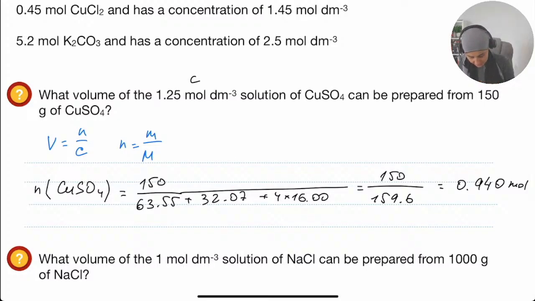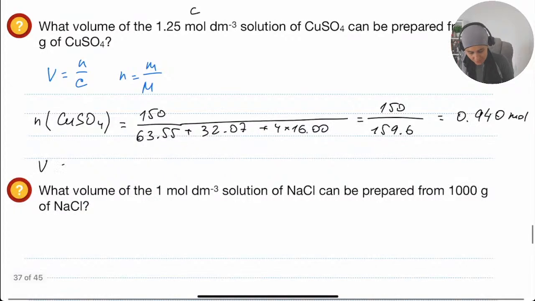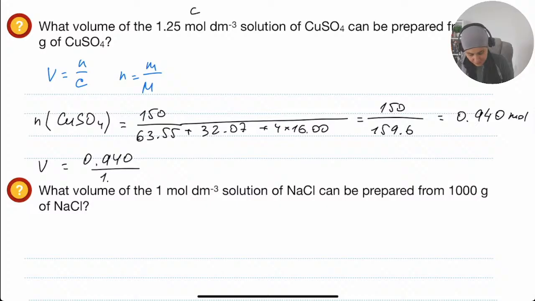So now I find the volume of the solution, which is moles over concentration. So 0.94 divided by the concentration, 1.25, gives 0.752 dm cubed.